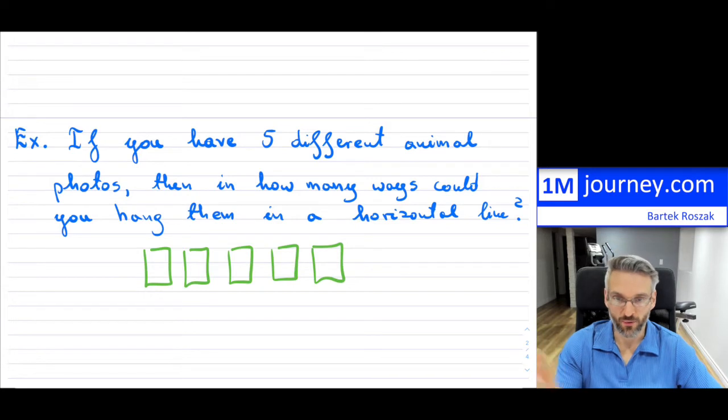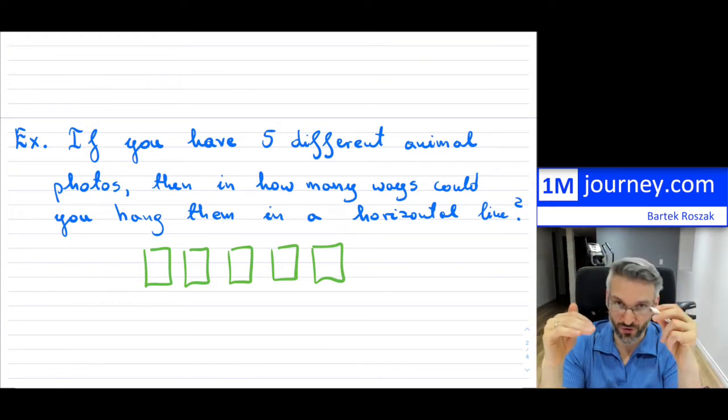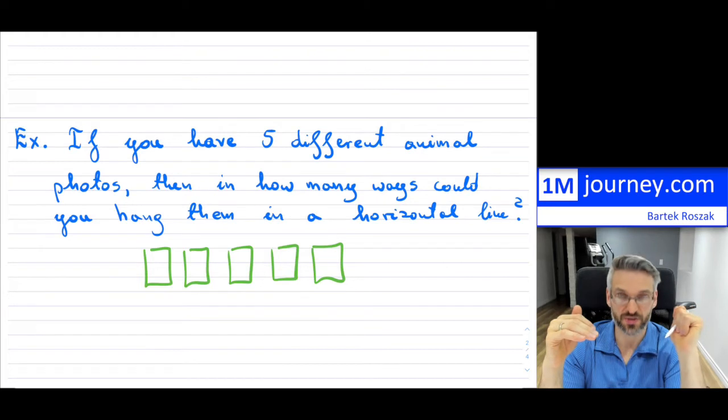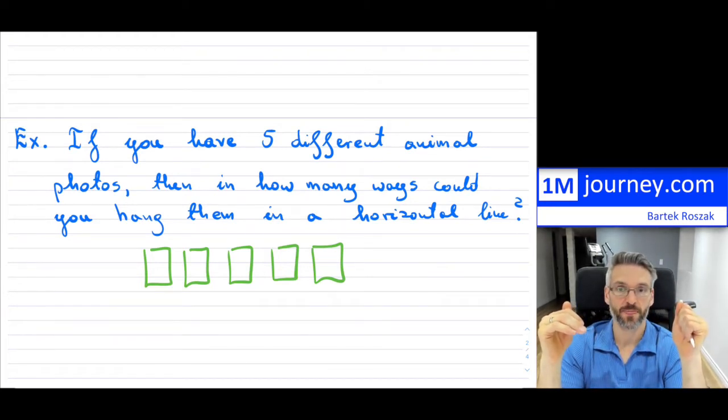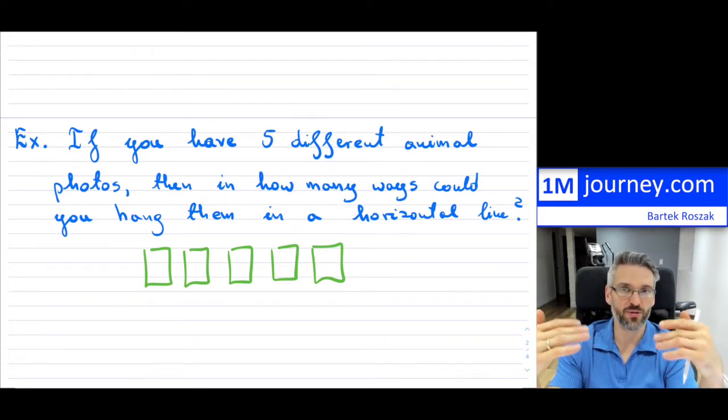And now if I want to know the total number, sure, I can start drawing this out and go, okay, this is one possibility, here's another possibility, and so on. But it's much easier if you think back to organized counting, and you can also think back to the multiplicative counting principle.